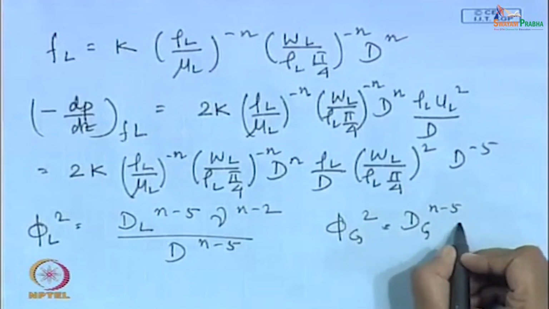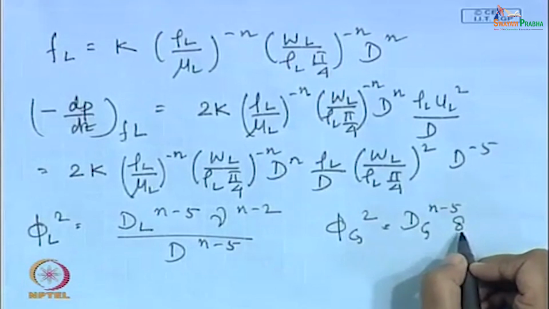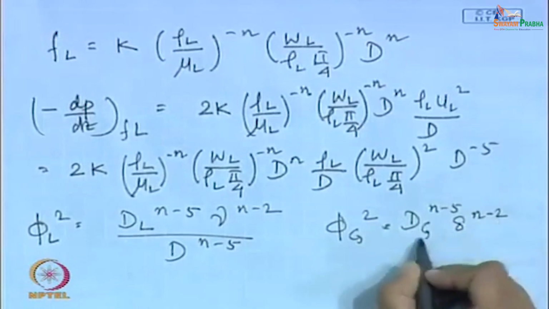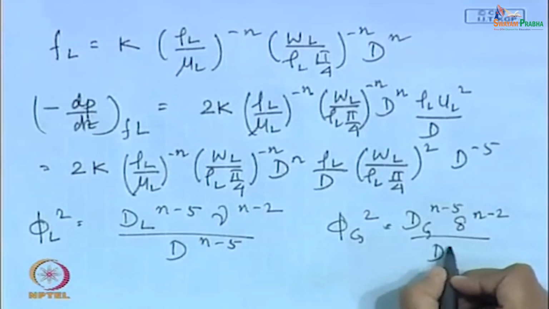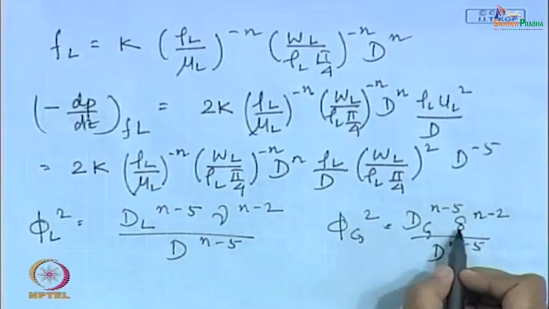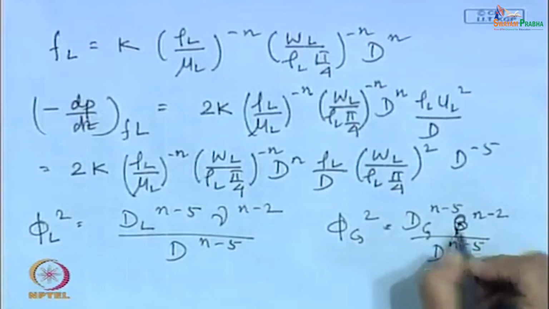We can put a delta or something sort of a thing which is the shape factor for the gas occupied portion. Okay. This can be n minus 2 by d to the power n minus 5. Okay. Delta and gamma, they can be the same thing. I can put it something else, maybe beta I will put it. Okay.